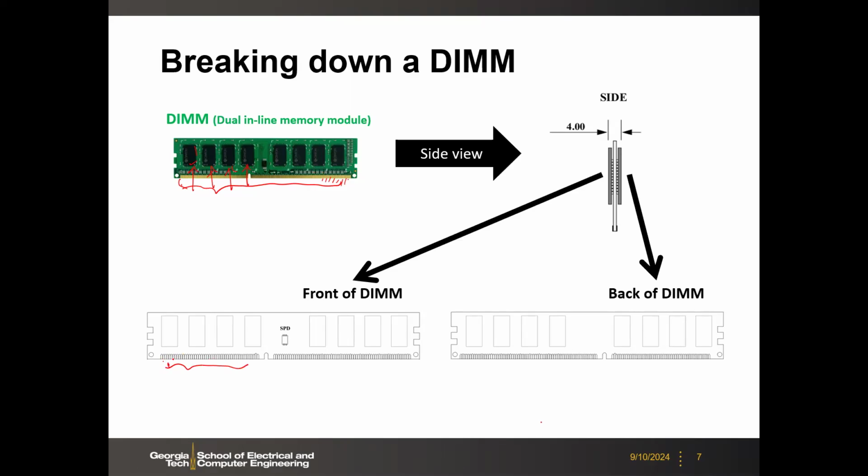Typically, you may have 64 pins for the data I/O. Of course, you may have additional pins for control and power and other functions, but in terms of data, you may have 64 pins for the data transfer.